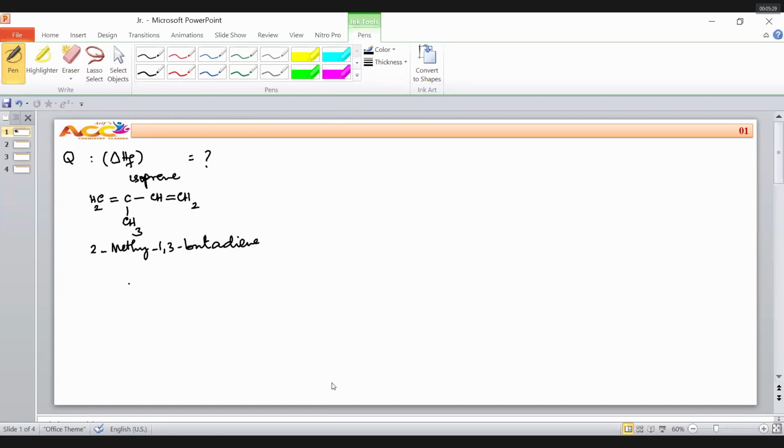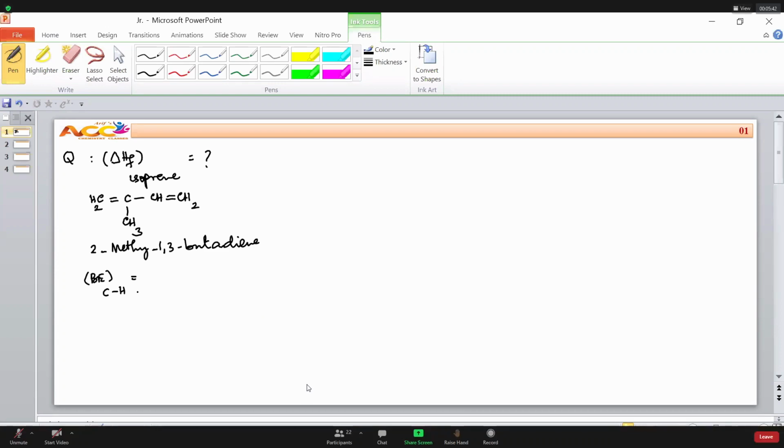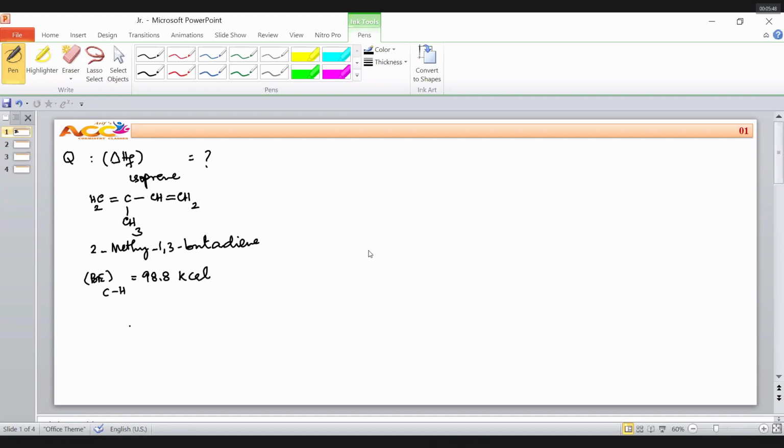The data given to you is: bond energy of CH bond is equal to 98.8 kilocalories. Bond energy of HH bond is equal to 104 kilocalories.